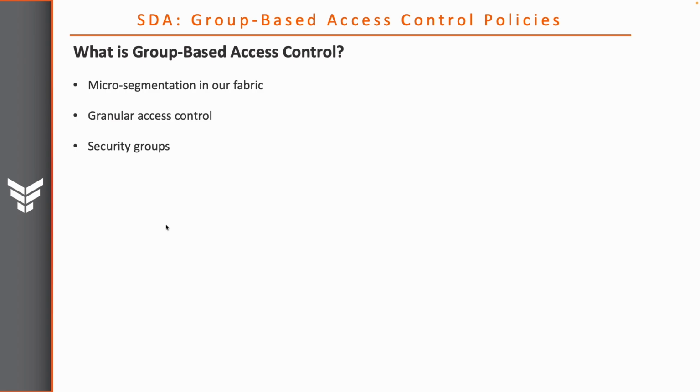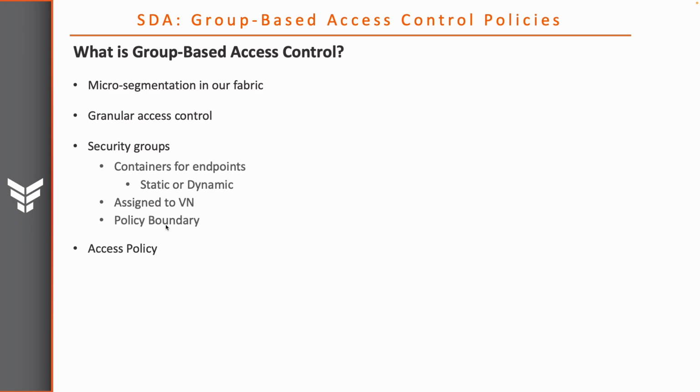Those security groups or scalable groups are containers for endpoints, and that can be assigned either statically through the host onboarding dashboard in our DNA Center management console, or through dynamic assignment with an ISE authorization profile. The security groups are assigned to one or more virtual networks, and they represent our policy boundary. And that access policy is what gets applied between SGT and SGT.